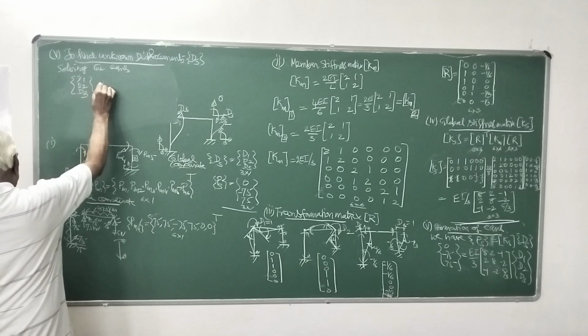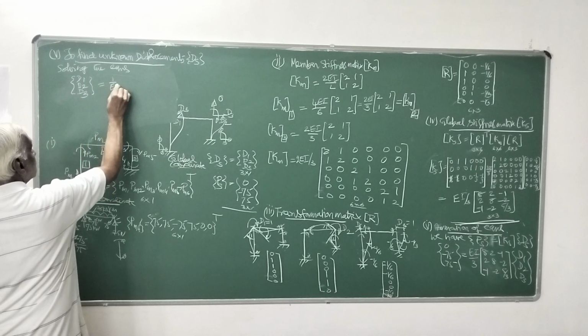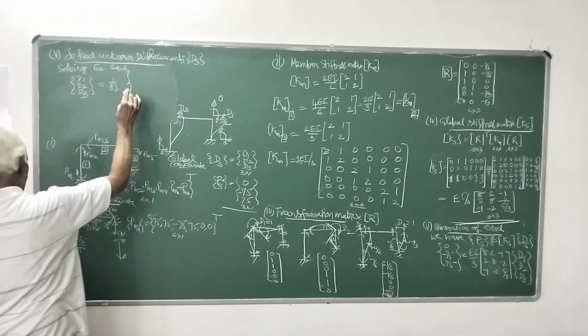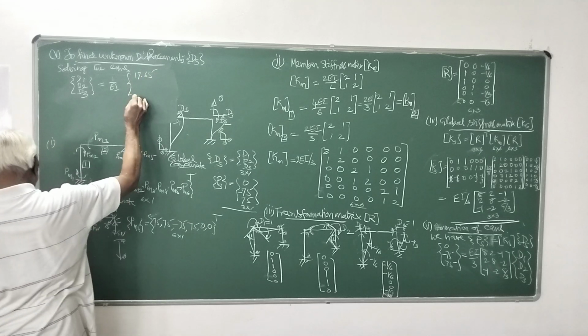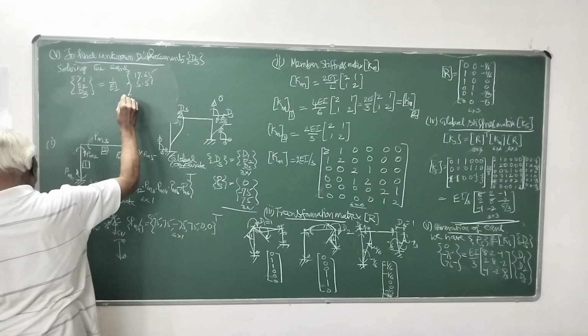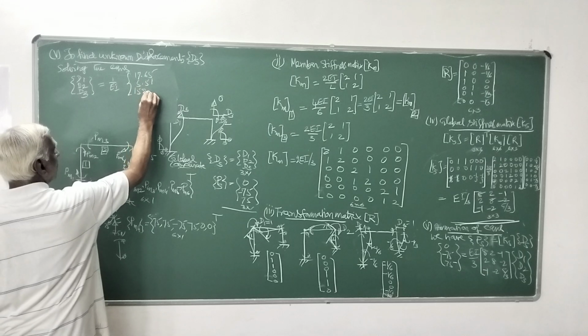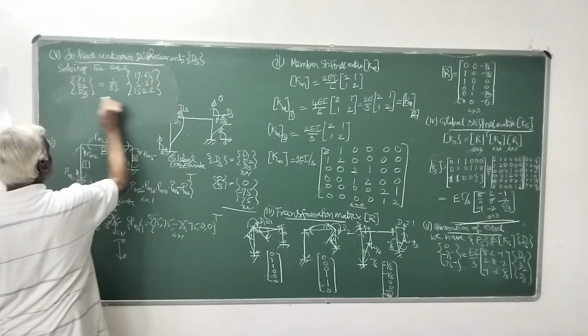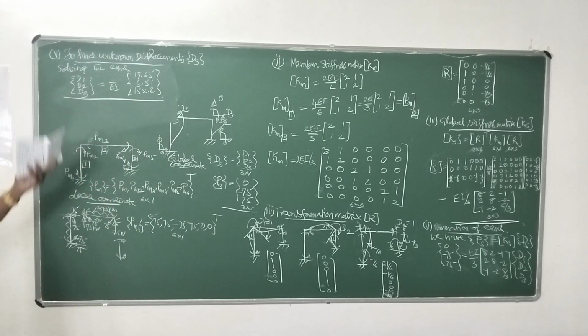As I have here, the solution is 1 over EI into 17.65, then 5.51, then 152.2, 2.2. And of course, units, whatever the EI unit is, it will take care of that, millimeter, whatever it is.